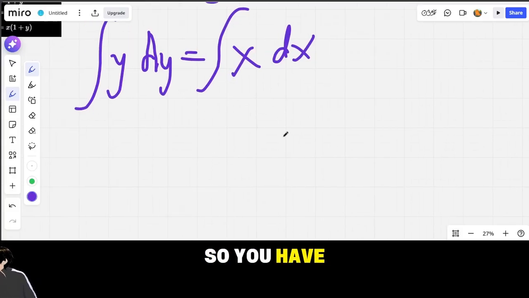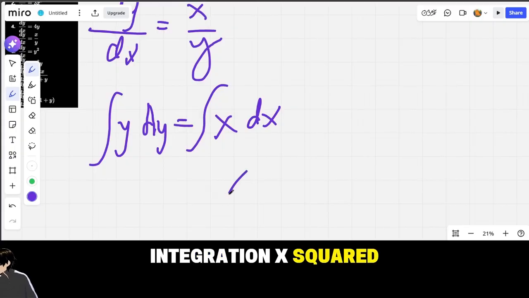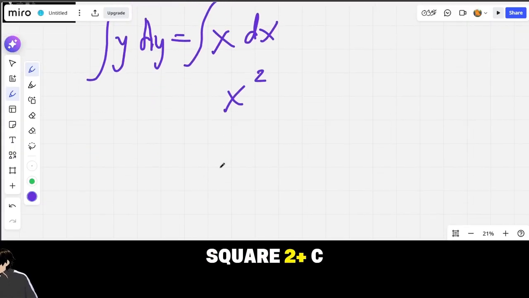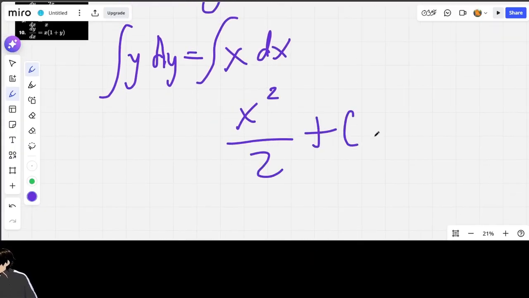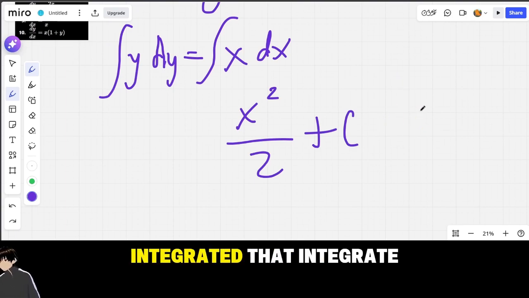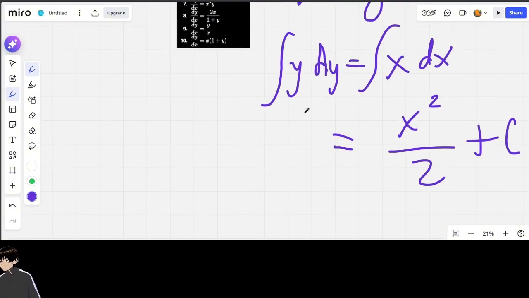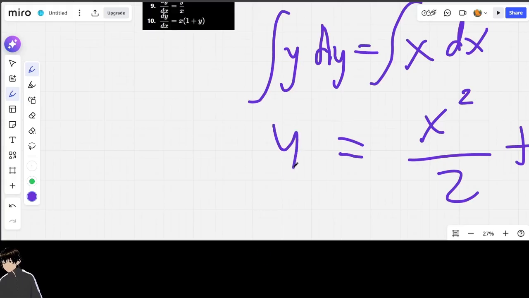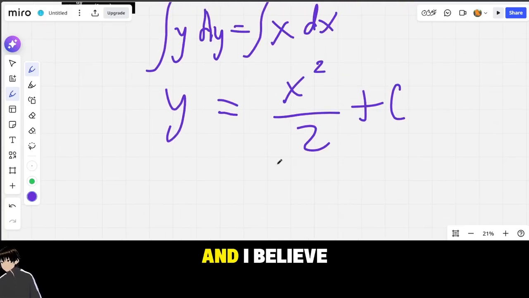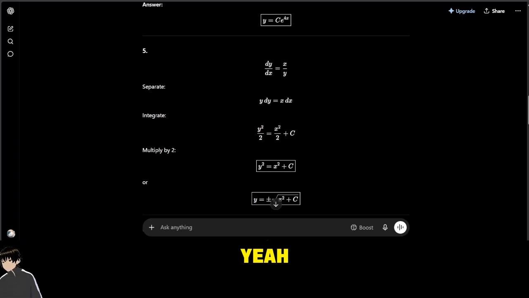So you have the integral of x squared over 2 plus c dx. Now that we've integrated that, integrate y. So we're just going to have y. And I believe that's the final answer, yeah?